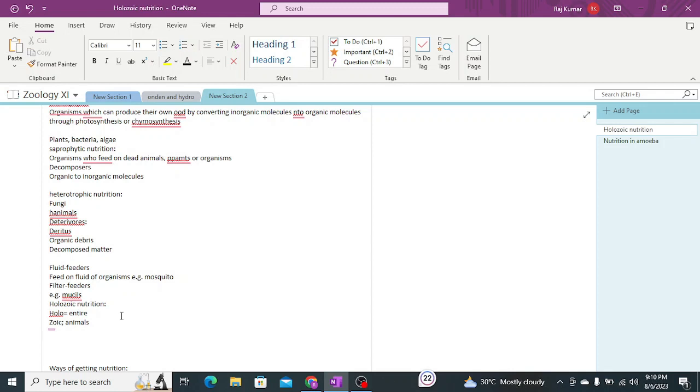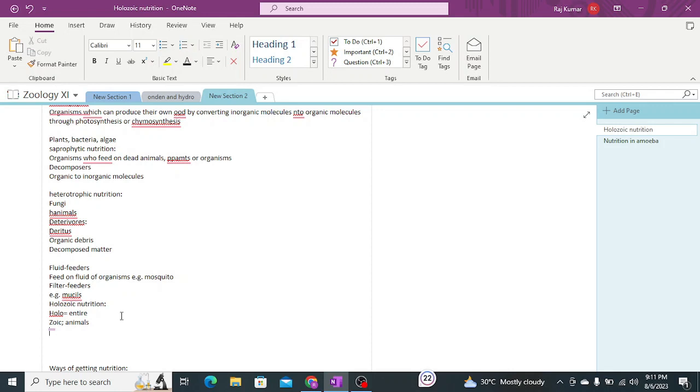So they intake complex food molecules from autotrophs inside their lumen or body cavity, and they digest those complex food molecules inside their body.